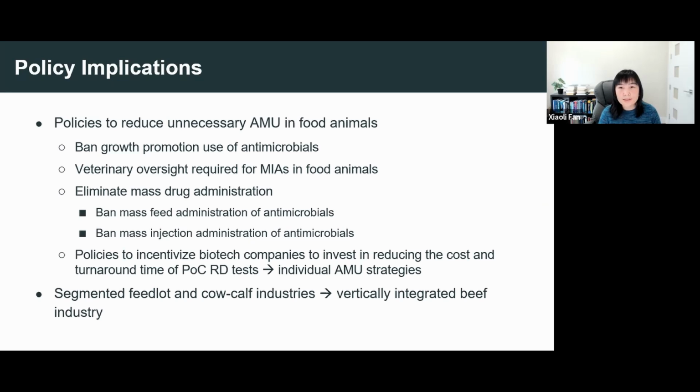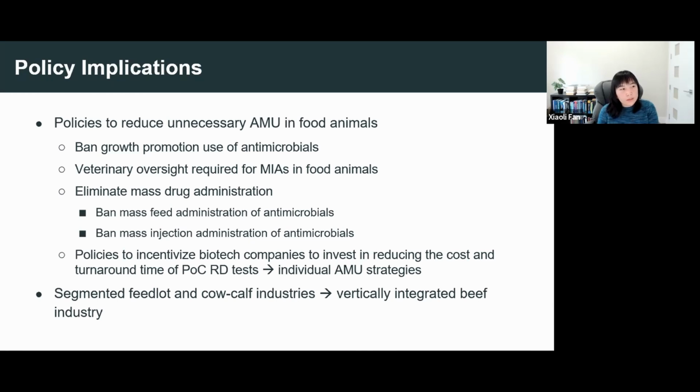In the US, they have a policy to incentivize biotech companies, not the pharmaceutical companies. The pharmaceutical companies are not interested in antimicrobials anymore because they have better ways of earning profit from other drugs.